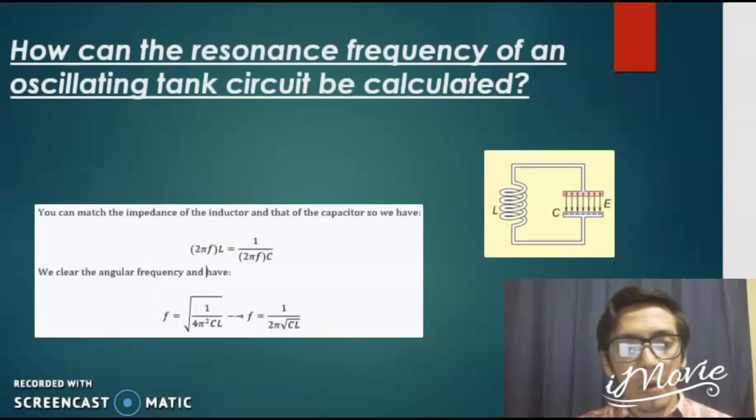We clear the angular frequency and have frequency squared equals 1 over 4π squared times capacitance and inductance. Frequency equals 1 over 2π square root of capacitance and inductance.